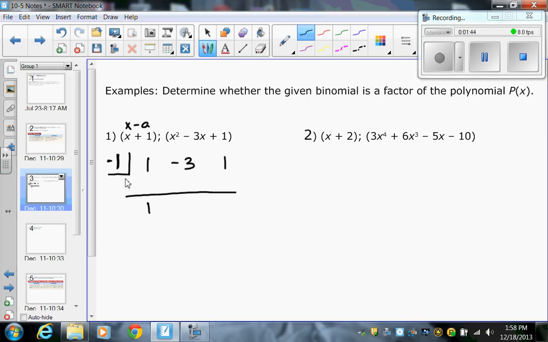Bring down my 1. 1 times -1 is -1. -3 and -1 make -4. -4 times 1 is +4. And 1 plus 4 is 5.